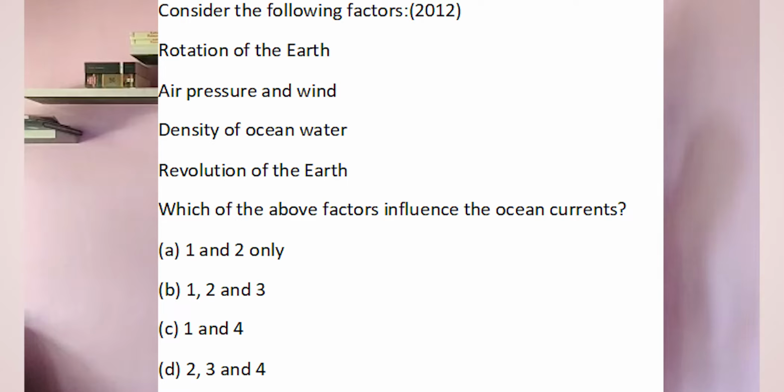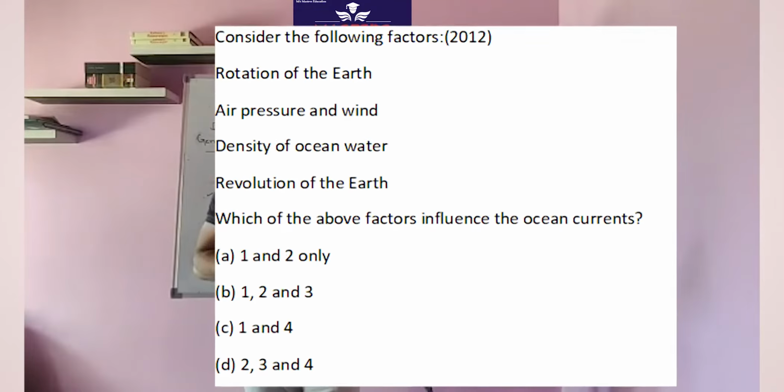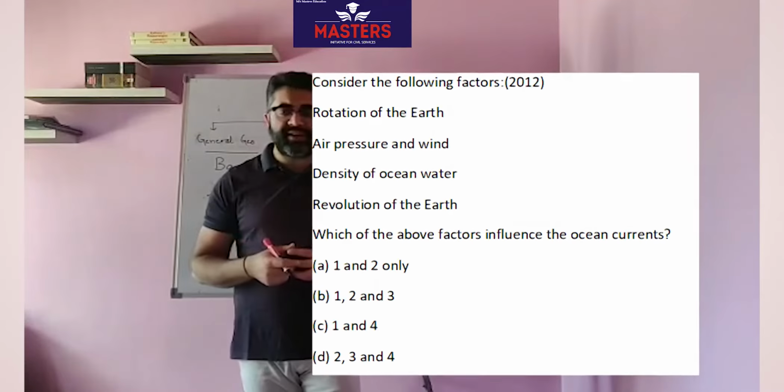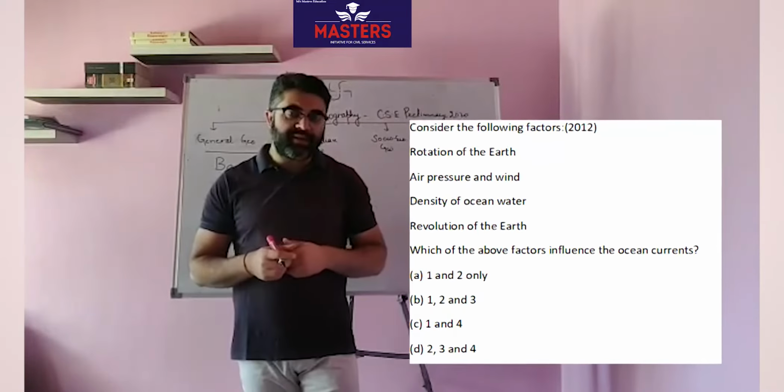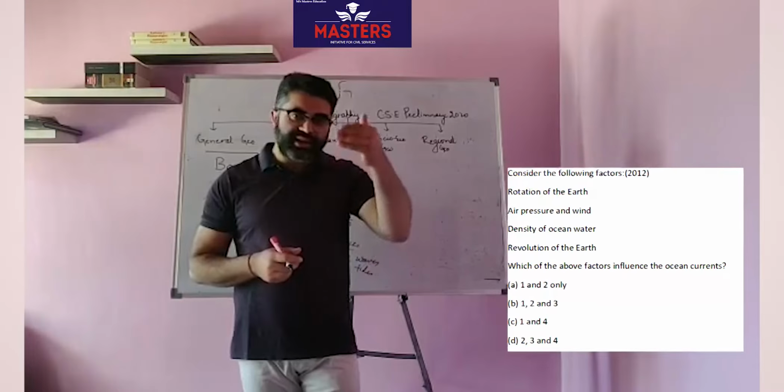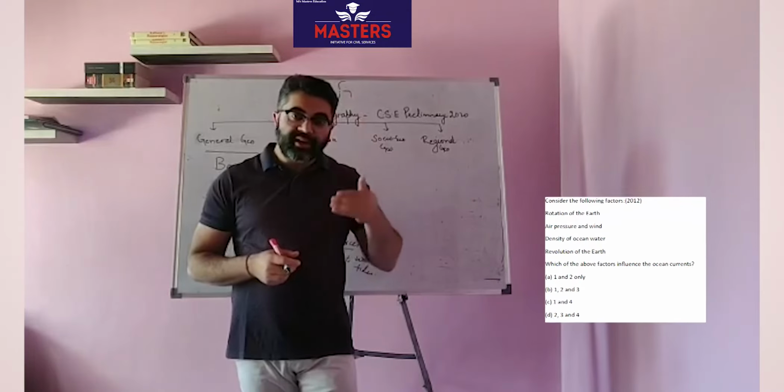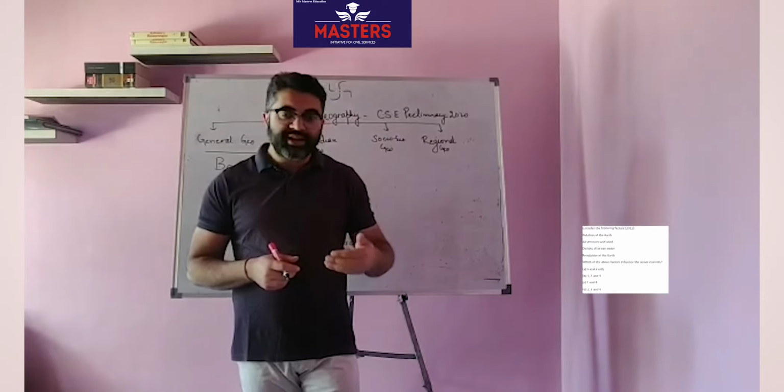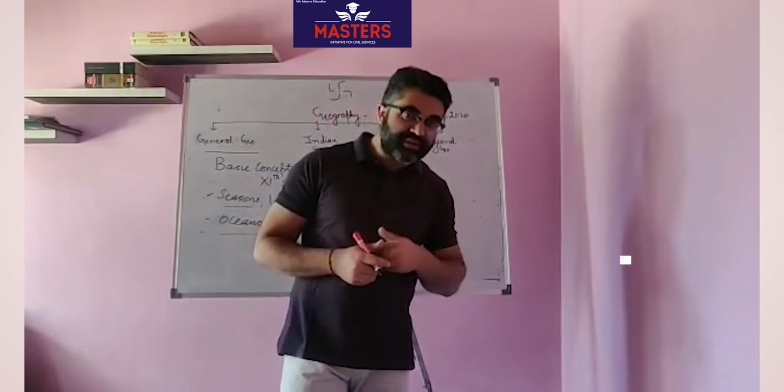Which of the following factors influence the ocean currents? Prima facie, when you look at this, it seems all of them, but we know that revolution of Earth does not affect the ocean currents. The rest of them affect ocean currents. So read the factors carefully, read the effect on ocean currents, and you will be able to solve the question. This was asked in 2012.